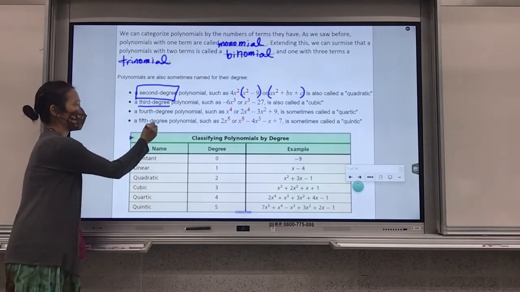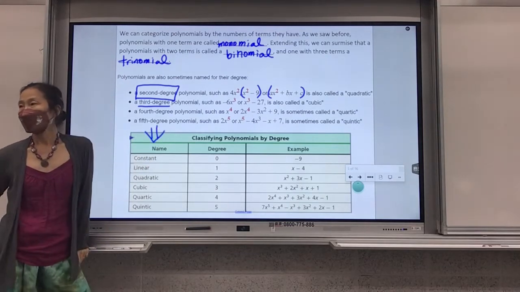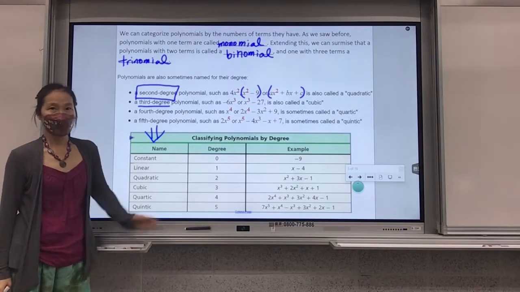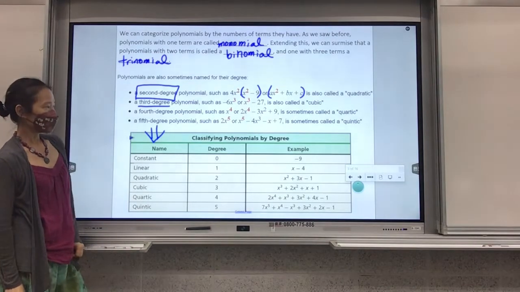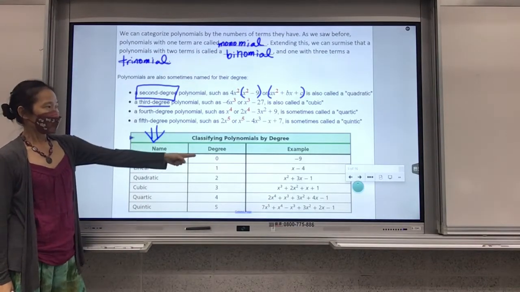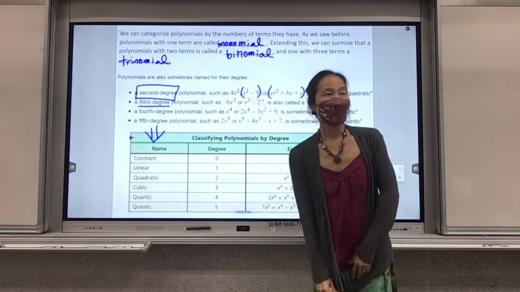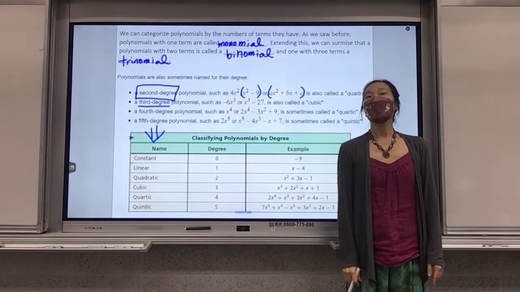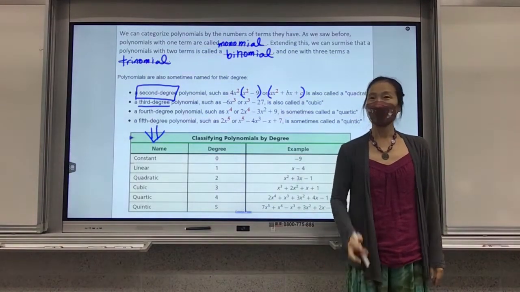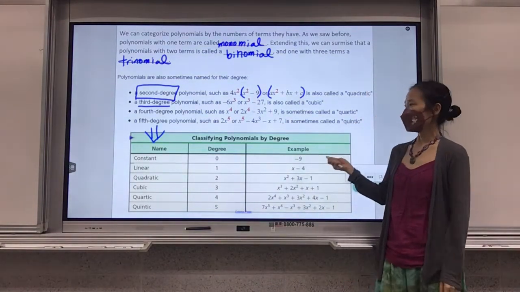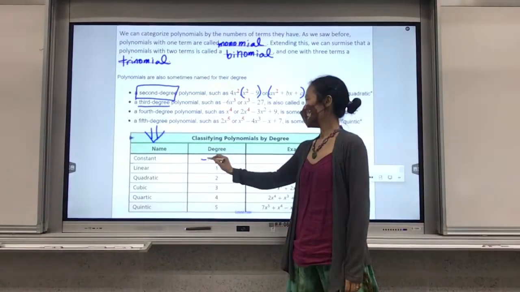And we have different names if they're written in terms of x. Degree 0, okay? Examples are -9, positive 100, square root of 2. When you just have a constant, it's degree 0.